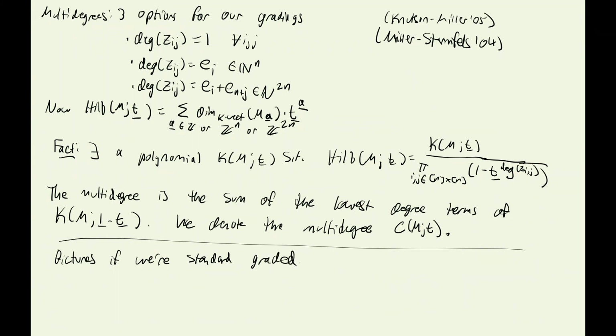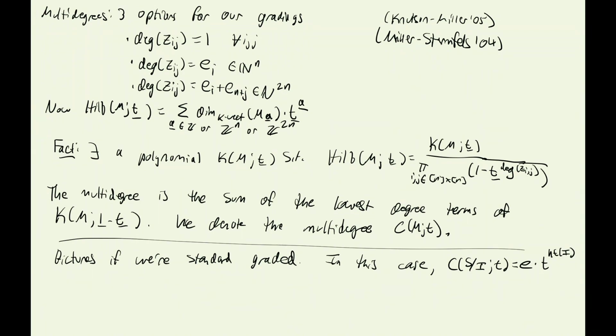In this case, the multidegree is not a vector in N to the n. The multidegree is a polynomial. This is always true. But the multidegree in this case will just have one t, and it will always be e times t to the height of I.